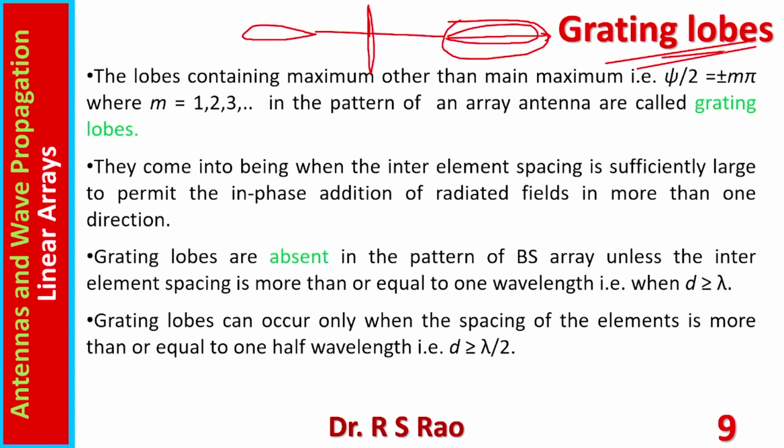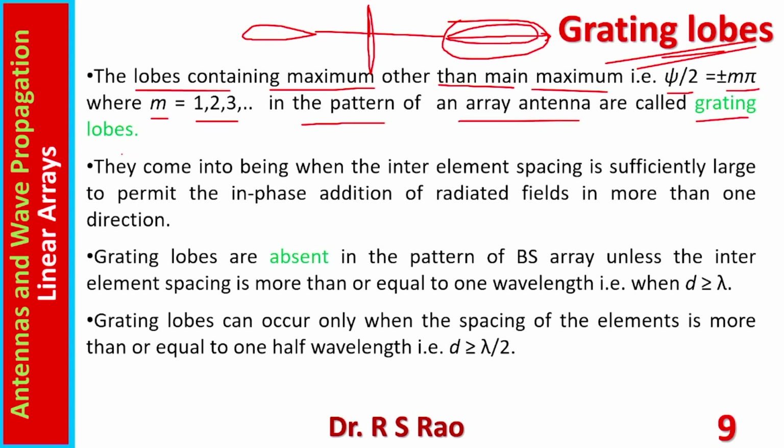Now let us move to understand the grating lobes in a more detailed manner. The lobes containing maximum other than the main maximum, for them psi by 2 is equal to plus or minus m pi, where m equal to 1, 2, 3, in the pattern of an array antenna.